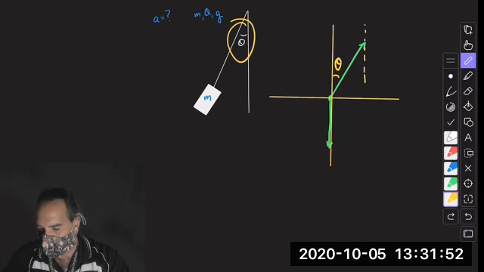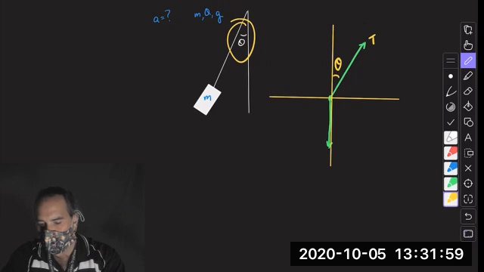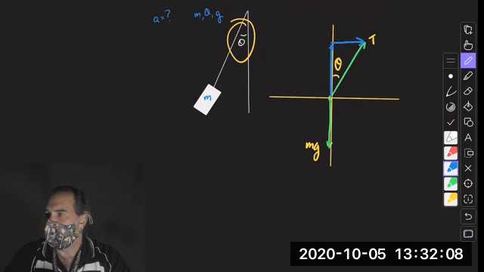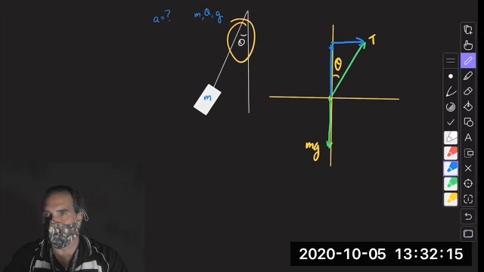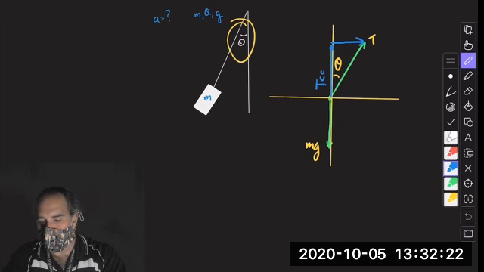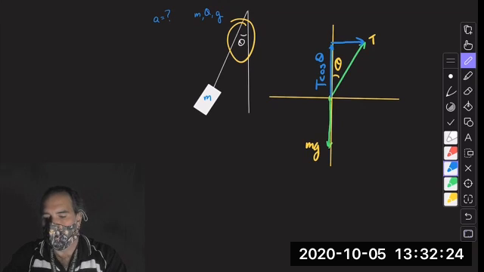Once I know that, it's not too hard to put together that I'm going to have to break the tension into two components. There'll be this component and this component. Any question about why I've drawn it this way? I'm wrapping my triangle around my angle, which I've talked about before. This is going to be the cosine, and this is going to be the sine.